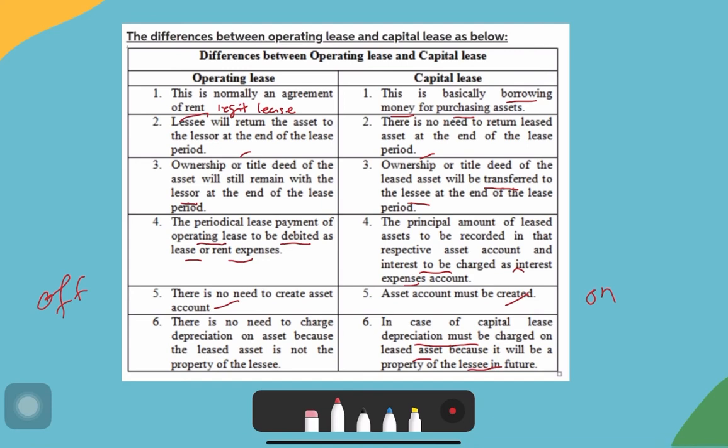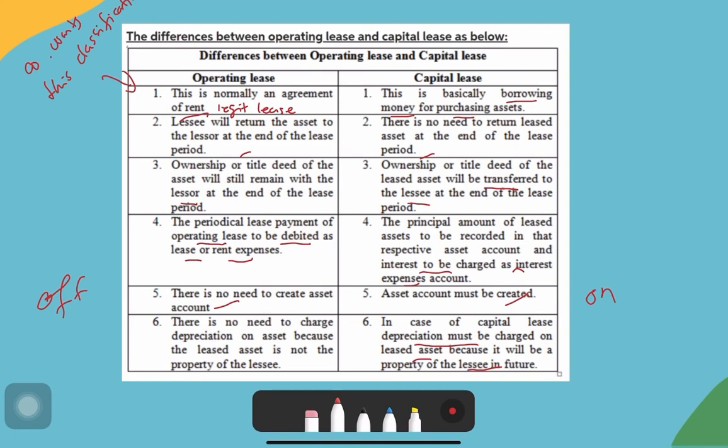So the company wants this classification. Why? Because they don't have to record the asset and the debt on the balance sheet.